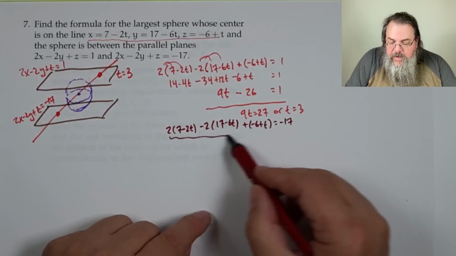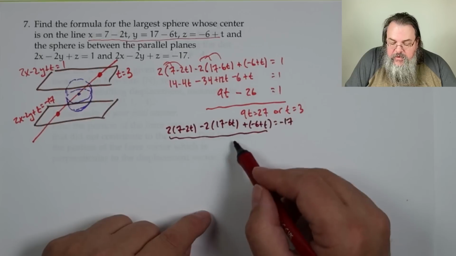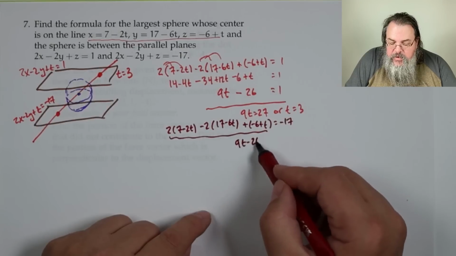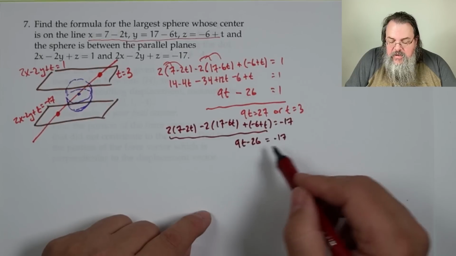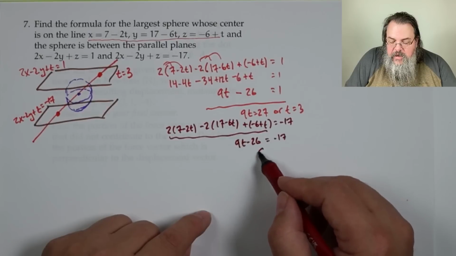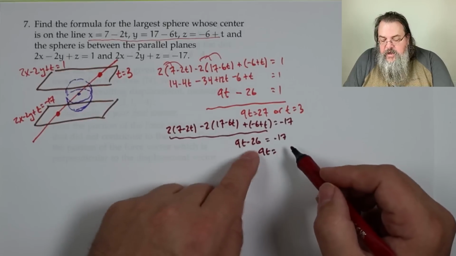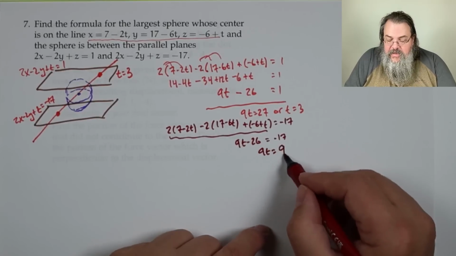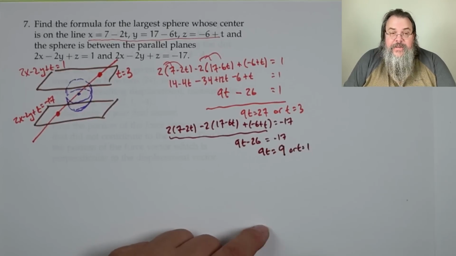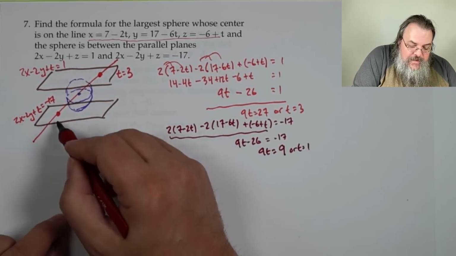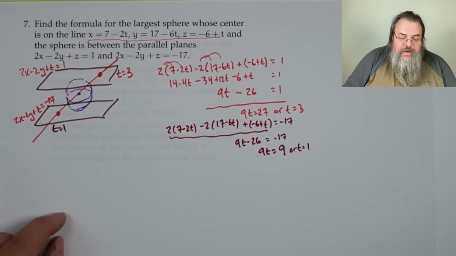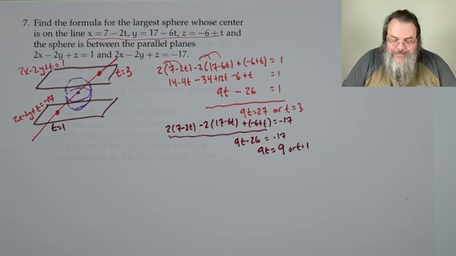But this whole left-hand side is the same. So it becomes 9t minus 26 equals negative 17. Or 9t equals, if you add 26 to both sides, 9, which says t equals 1. So we're like, aha, this intersection down here happens at t equals 1.